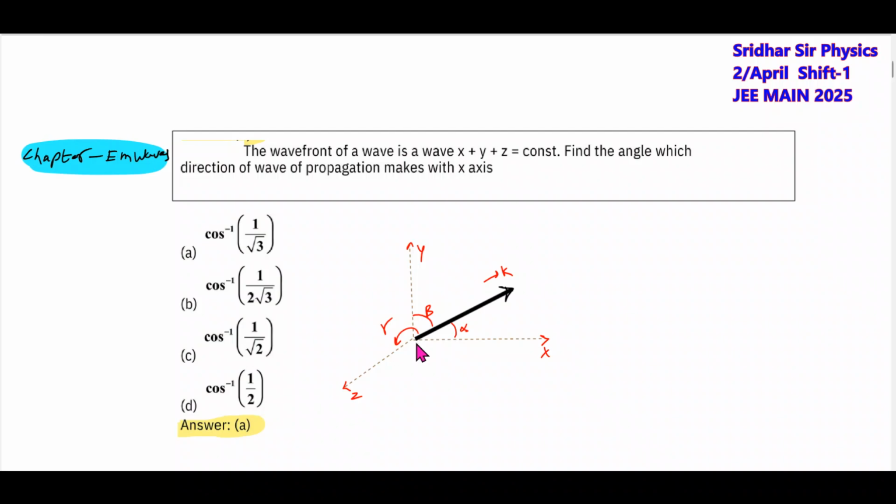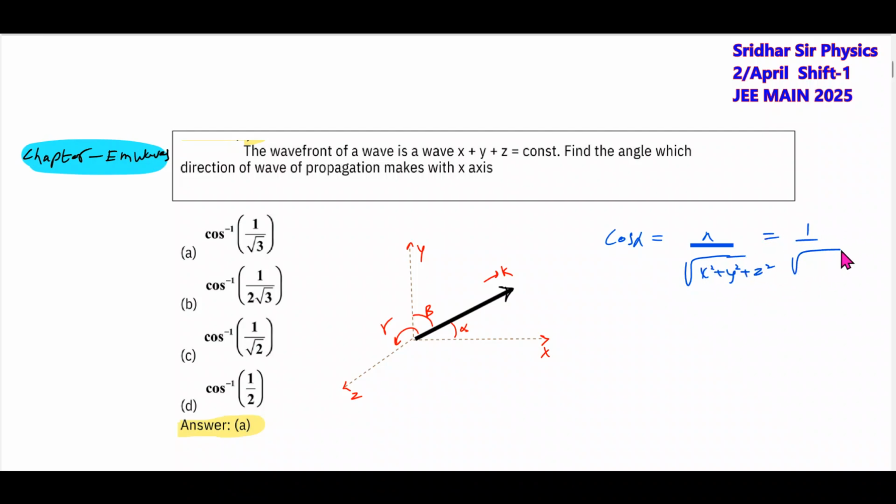It's telling that the wave is moving in a space where the wavefront of the wave is x plus y plus z equal to constant. Find the angle which the direction of the wave makes with the x axis. It's asking alpha. So we know the direction cosine. What is the direction cosine? It will be x by root of x square plus y square plus z square.